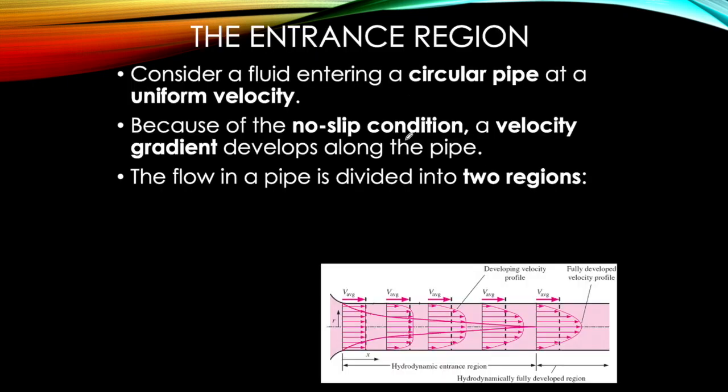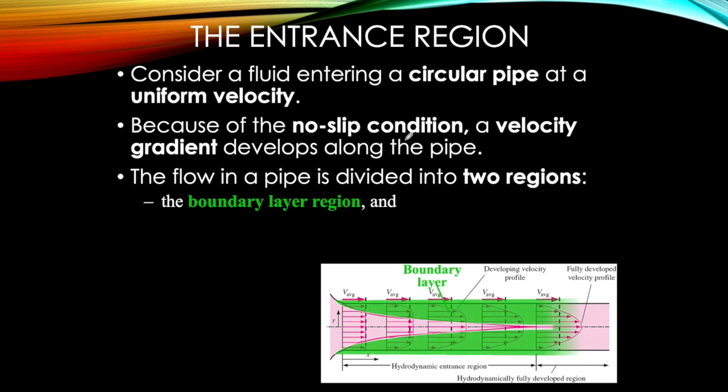Okay. So the entrance region. When the fluid enters the pipe, there will be an entrance region. Consider a fluid entering a circular pipe at uniform velocity. Because of the no slip condition, when the fluid enters the cylinder, the tubes or pipes, there will be a no slip condition around the pipe wall.